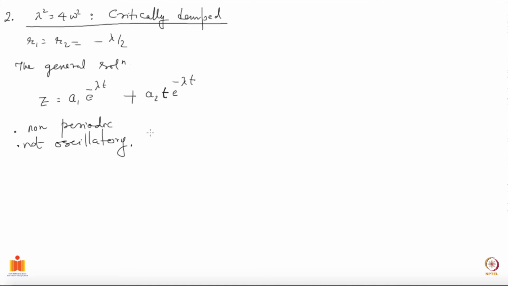Next let us look at the third possibility, which is when the argument of the square root is a negative number.